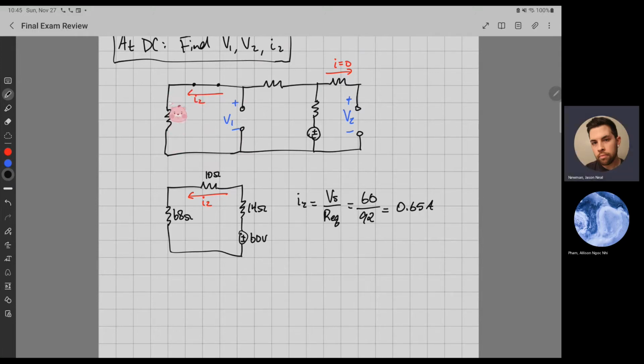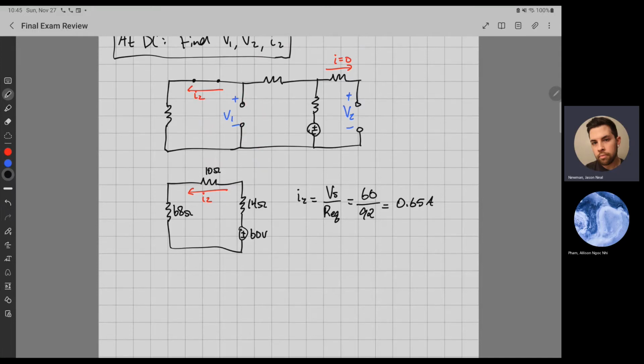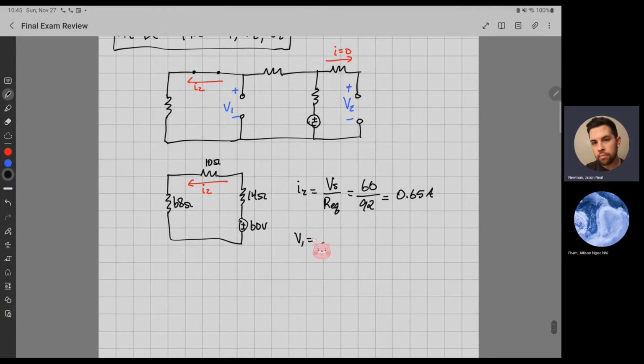So the voltage across this resistor has to be equivalent to the voltage across this resistor. So that means that V1 is equal to V68, the voltage across the 68 ohm resistor, which is equal to I times R, which is Ohm's law, you know.